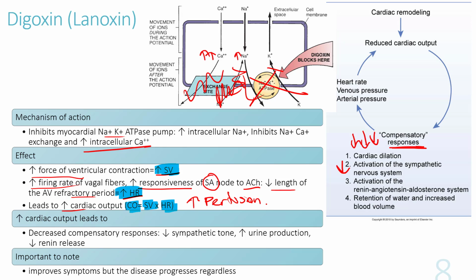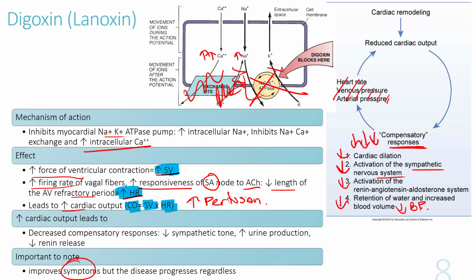So you decrease activation of the sympathetic nervous system, you decrease cardiac dilation, you decrease activation of the renin-angiotensin and aldosterone system, and you decrease the amount of water and blood volume that's retained, and therefore decrease blood pressure, right? So basically you kind of stop this process.